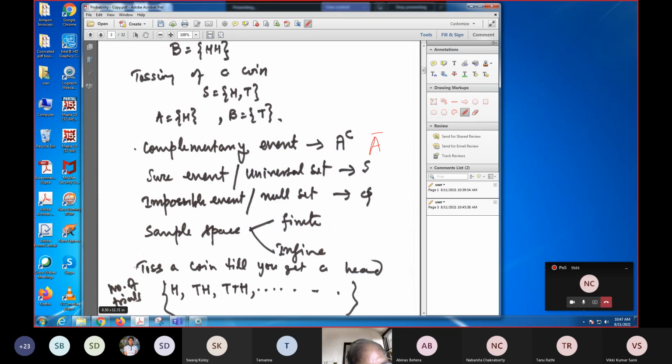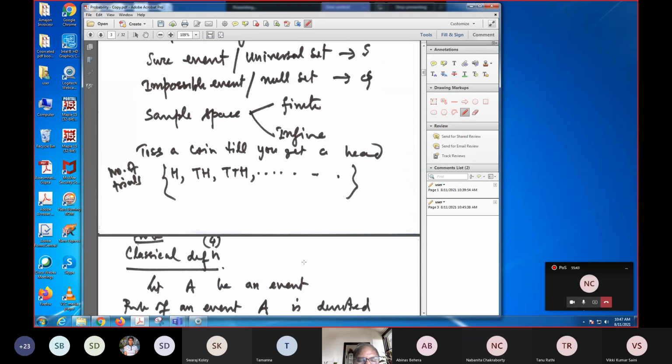First trial you did not get the head, then you have to perform the second trial. So TH, you may not get head in the first trial, in the second trial, in the third trial you have got. So like this sequence will be there. And you do not know how many trials you have to perform to get the head. So the sample space could be finite, sample space could be infinite.